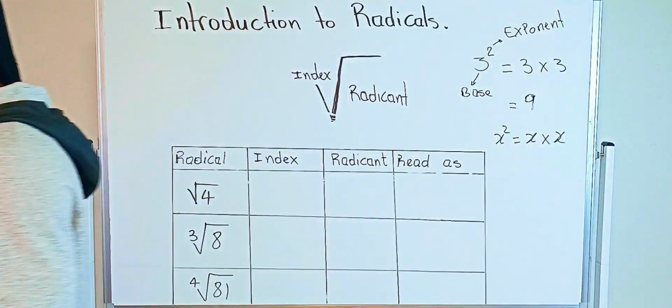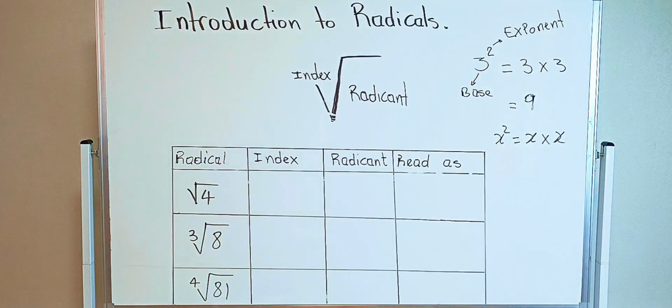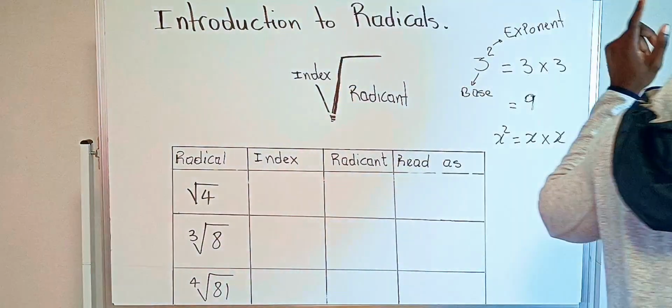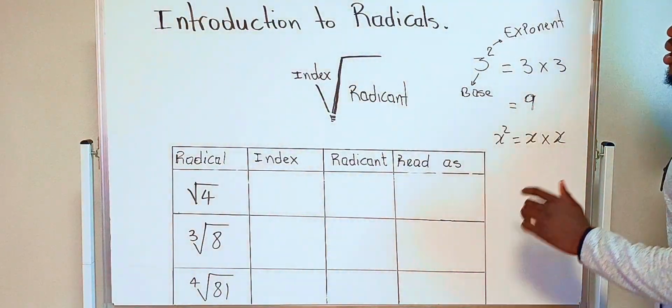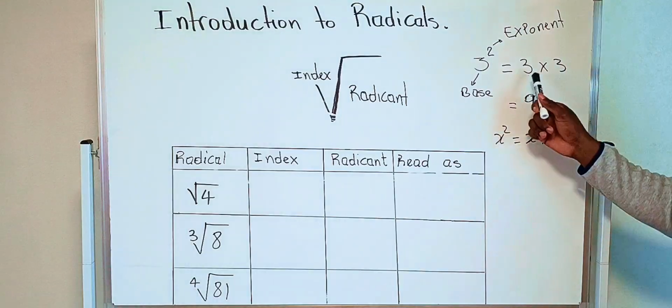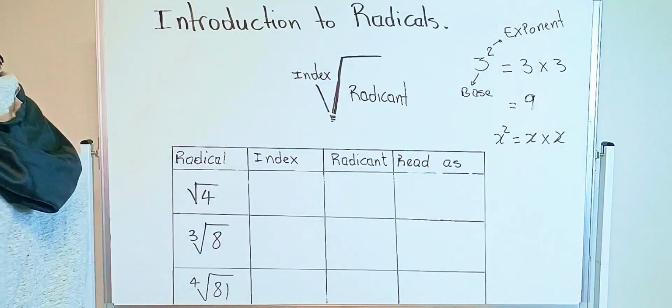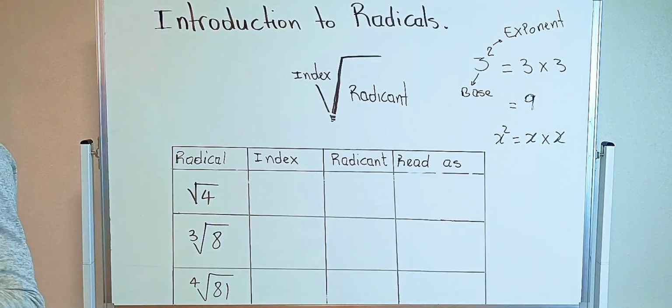Identical rational factors. Three is a rational number, right? So exactly, this is the definition of perfect square.